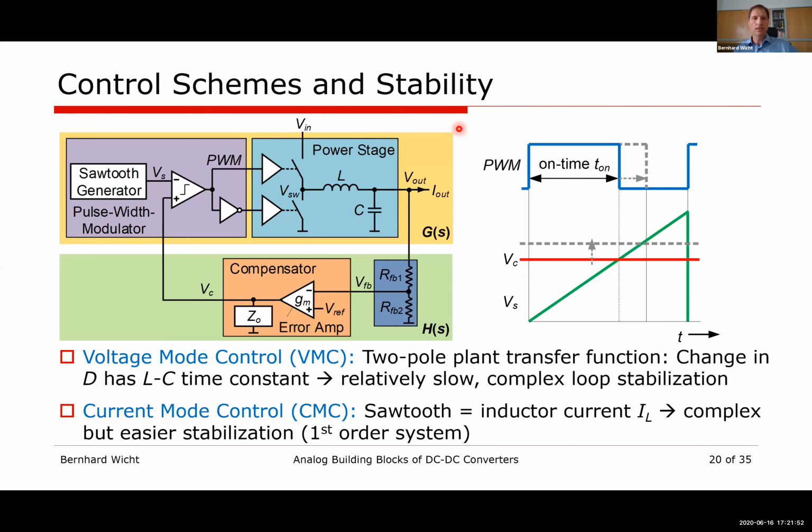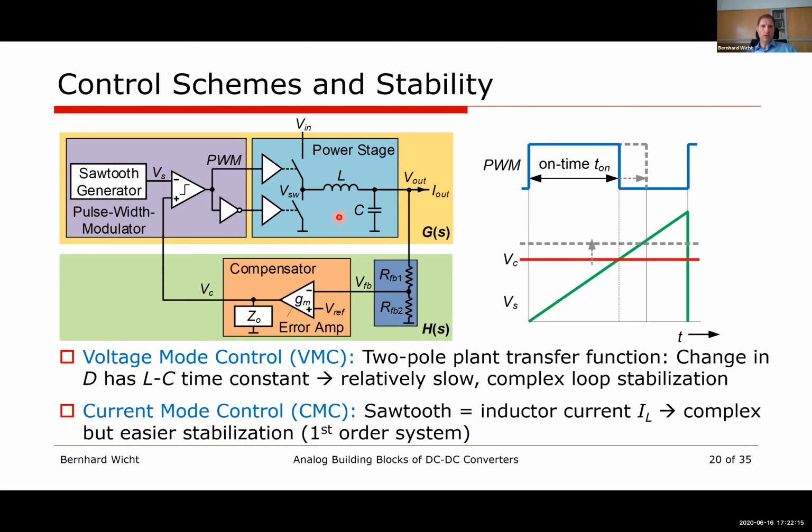But just to explain what we do, if we go to current mode control, we basically measure the inductor current. That can be done either by using this replica sensing that I addressed, or you can simply measure the voltage drop across the inductor. That's also commonly done, right?